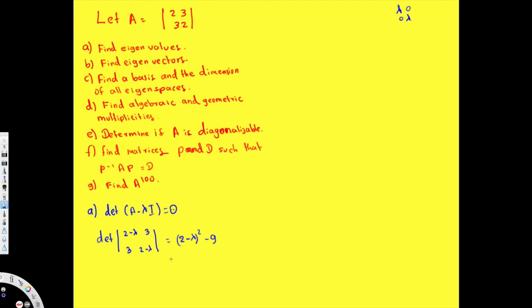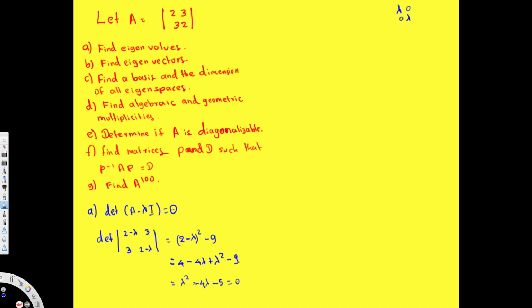If you expand this, it's 4 minus 4 lambda plus lambda squared minus 9. Bring it all together and it's lambda squared minus 4 lambda minus 5 is equal to 0.